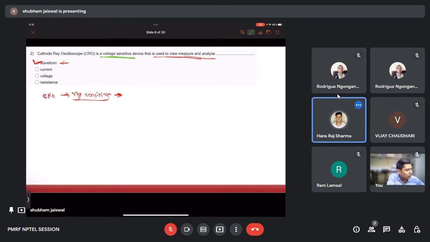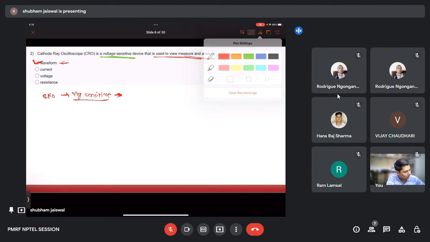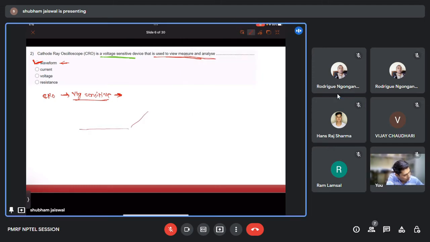Okay, let me draw. This is your electron gun, and it is in a high vacuum. After applying a voltage, it will emit electrons, and those electrons will be channelized and projected on the screen.